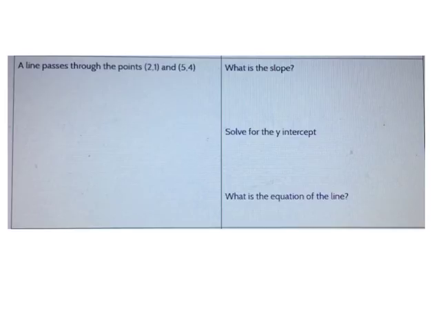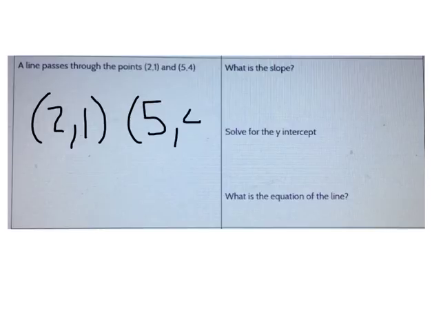Let's do one more together before you try one on your own. A line passes through the points (2, 1) and (5, 4). First, label x1, y1, x2, and y2. Now, find the slope.